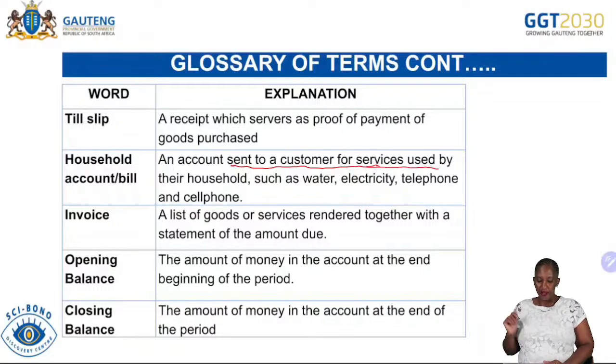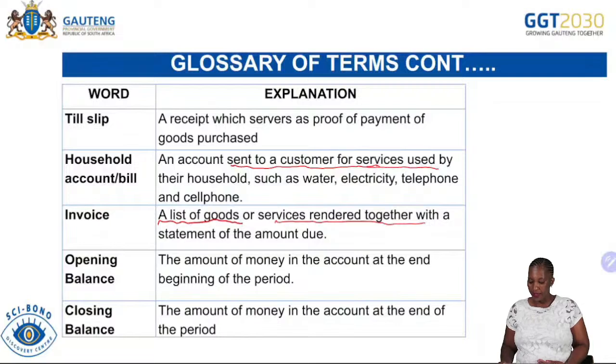Now, let's see. Invoice. An invoice is a list of goods or services rendered together with a statement of the amount due. Suppose you hire people to come and do some work at your place, and then they will give you an invoice to say, madam, in your household, this is what we have done. We have painted the walls, and this is what we are charging for painting the walls. And we have bought paint, how many liters, and how much it cost us.